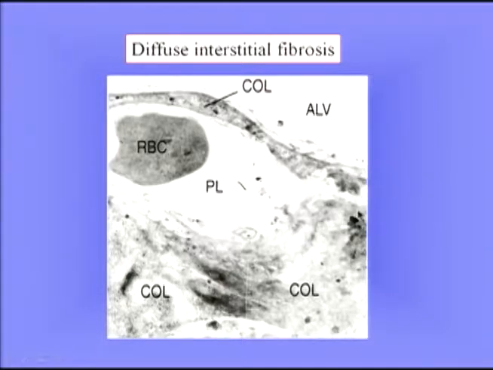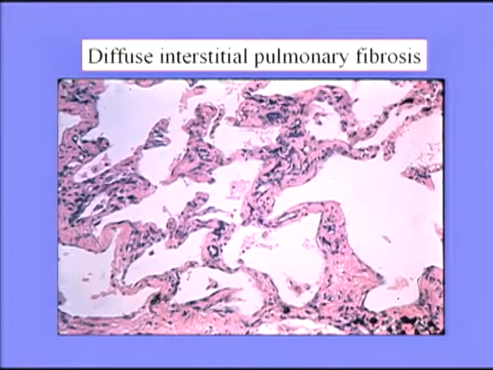You can also see them over here actually, and these represent, of course, a serious problem with gas exchange in this alveolar wall. Here's another view. Now this is a light micrograph, and you can see this tremendous thickening of the alveolar walls here. In fact, you can perhaps hardly recognize them as alveoli, but that's what they are.